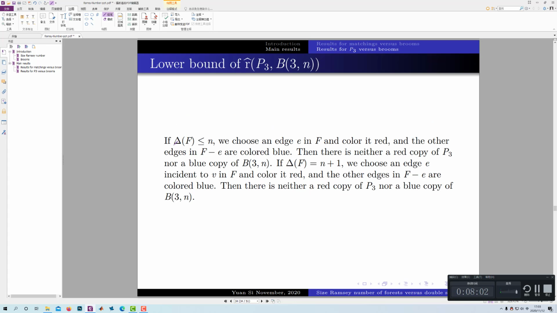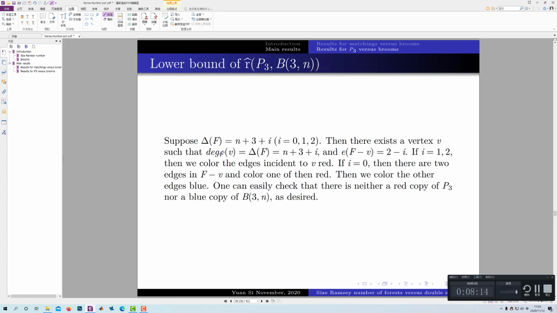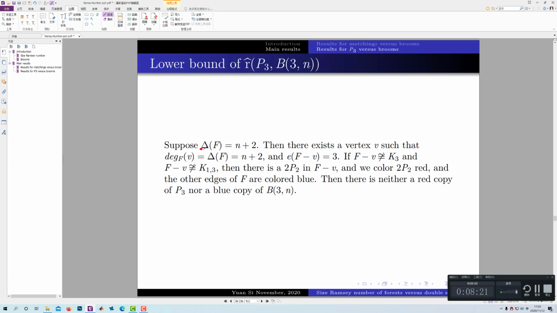Next we see delta(F). If delta(F) is less than or equal to n, we have this. If delta(F) equals n plus 1, we have this. Also, delta(F) should not be too large, so we only need to consider the case of delta(F) equal to n plus 2. Next, we consider the graph F minus v, where the degree of v is equal to n plus 2.